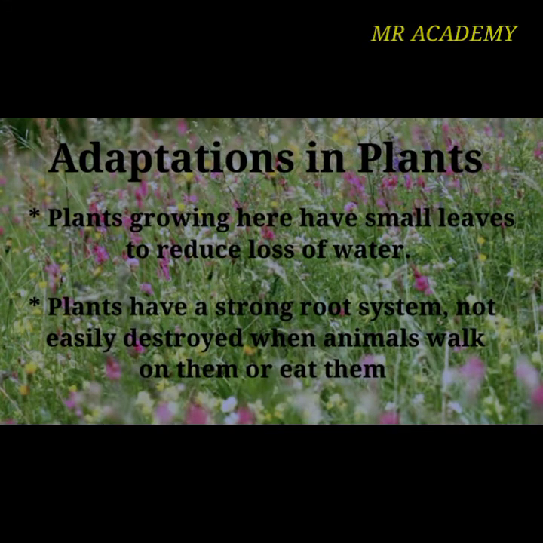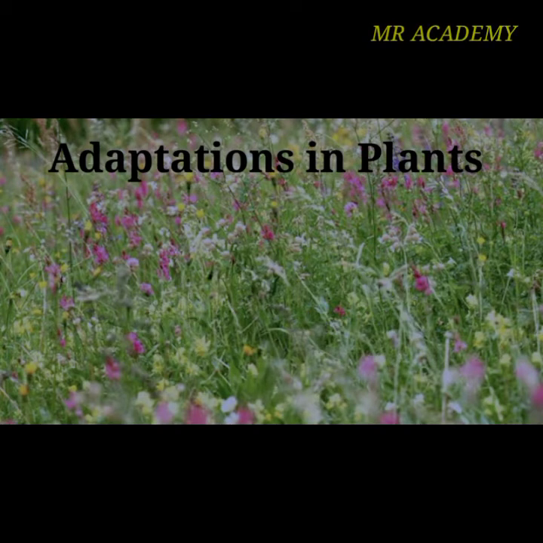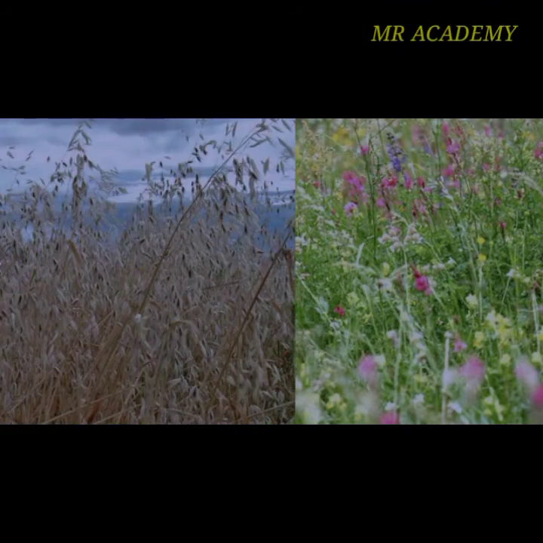As they have a strong root system, they are not easily destroyed when animals walk on them or eat them. Grasslands have very few shrubs and trees, as it can be too windy in the grassland. The plants here have very soft stems that bend easily without breaking. Different types of grasses are found in grasslands.